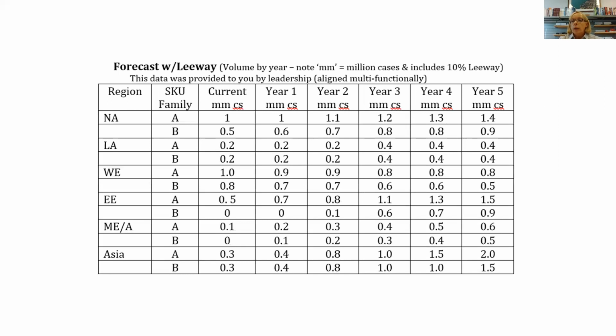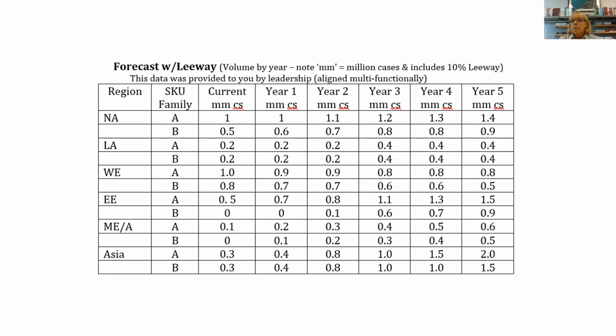We're given a forecast here, and this one is with leeway, and I'll talk about that in a second. But if you recall, we talked in lecture today about how the forecast really comes from that long-range business plan. This is what we consider to be our leadership team of marketing, sales, finance.